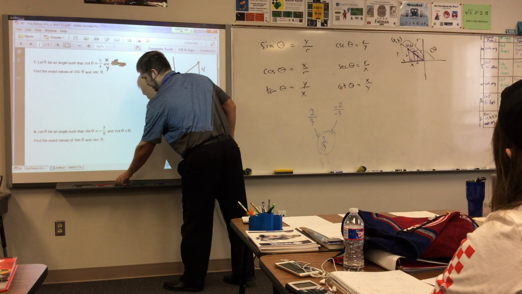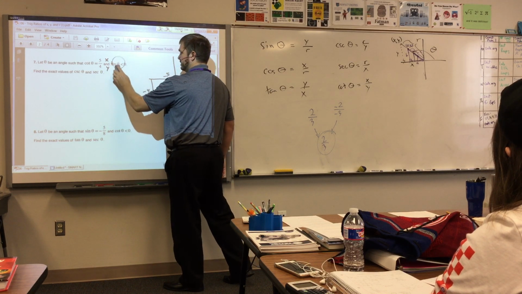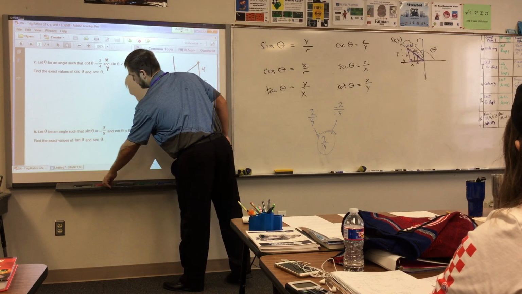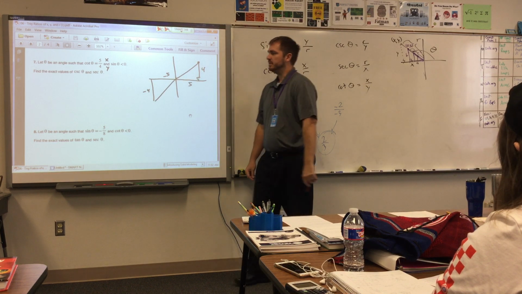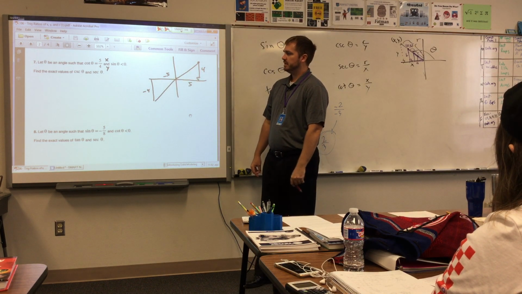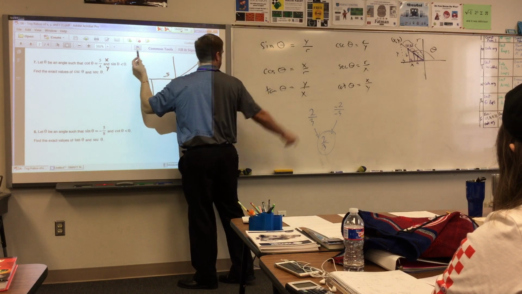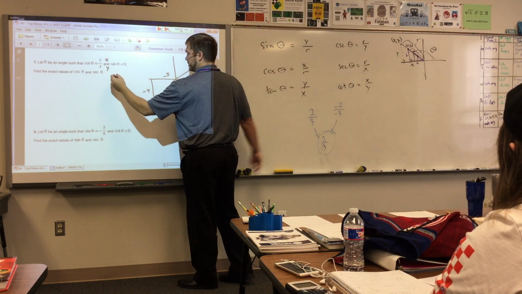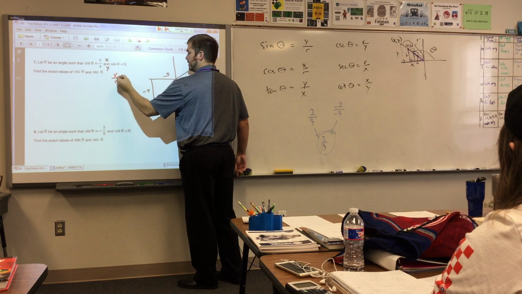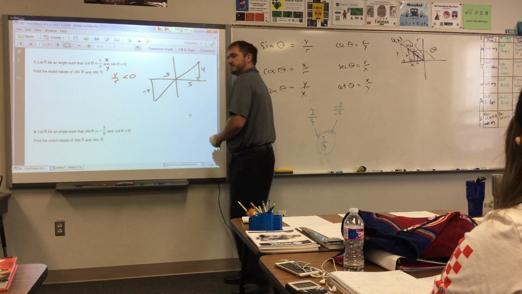And now I will say, aha. Let's look at that extra piece of information. Sine of theta is less than 0. So now sine of theta is what over what? Y over r must be less than 0.